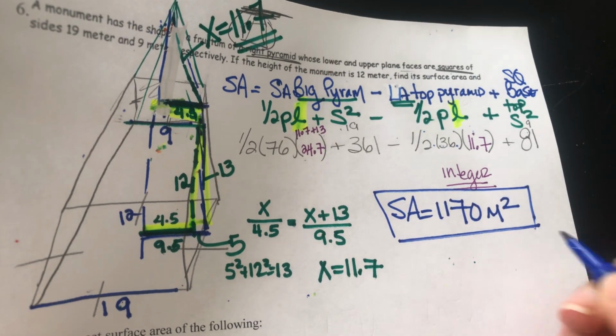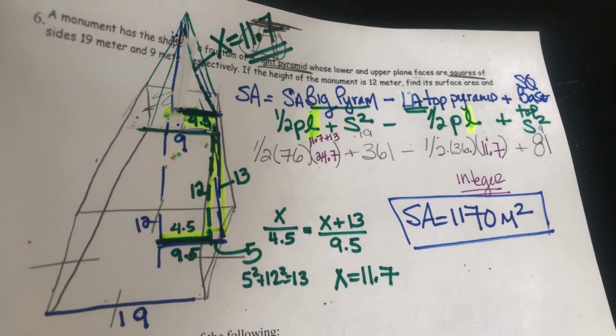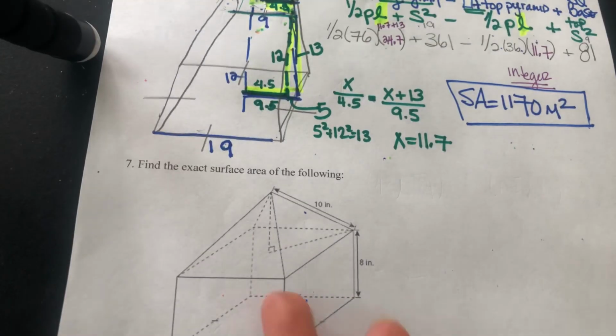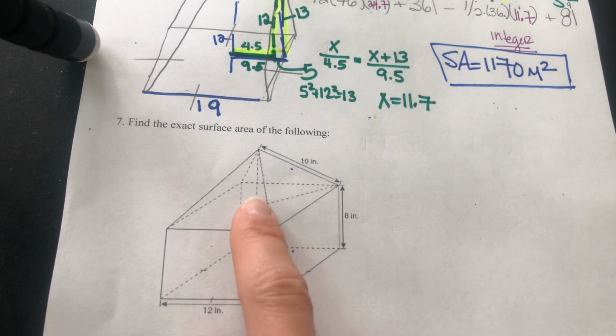Okay, so you're definitely going to want to look these over maybe a few times just to have an understanding of kind of what to do. Okay, hopefully that makes sense. You're gonna have something like this for homework. Just make sure you remember that you don't want to include the double top.